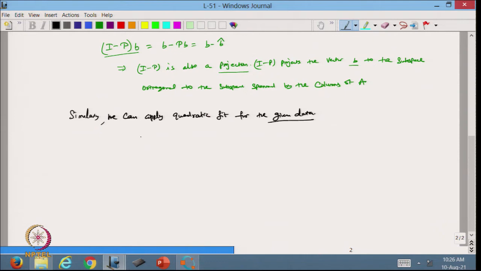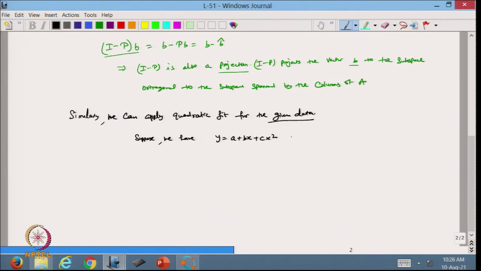In this case, I will assume that y is equal to a plus bx plus cx square, and the data points are these.